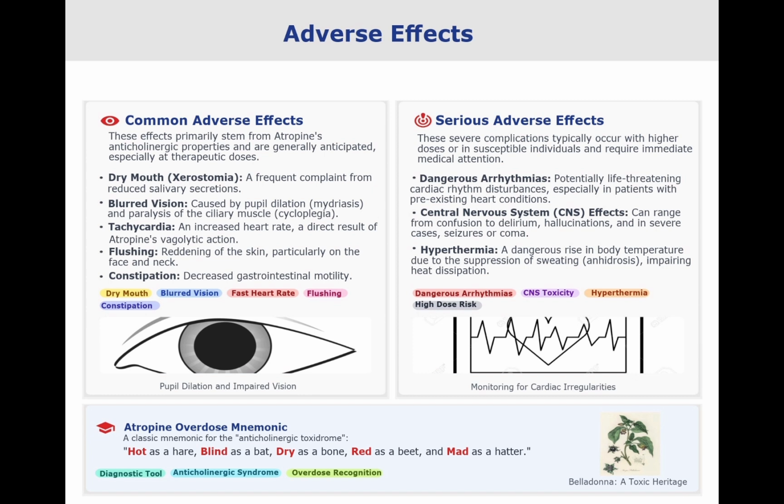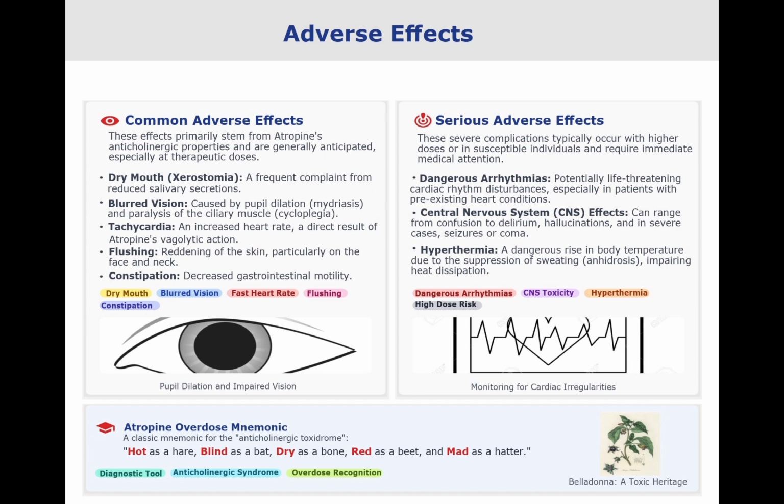A critical serious adverse effect is hyperthermia caused by the suppression of sweating, or anhidrosis, which impairs the body's natural cooling mechanisms, leading to a dangerous rise in core body temperature, particularly in warm environments.